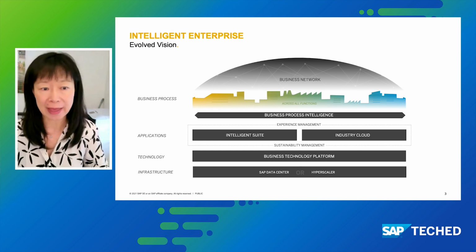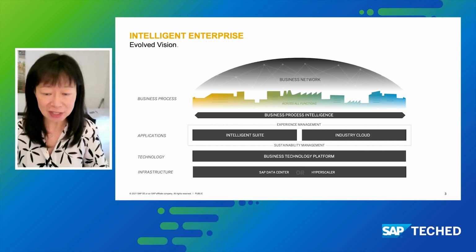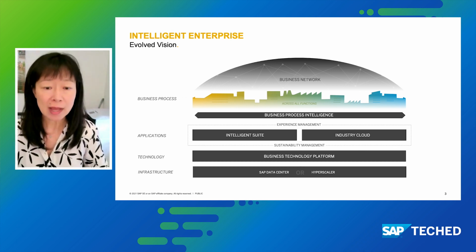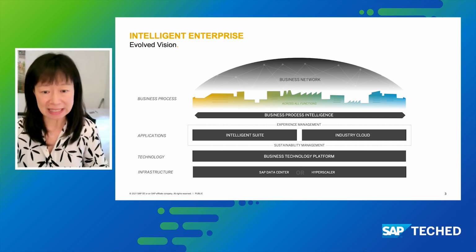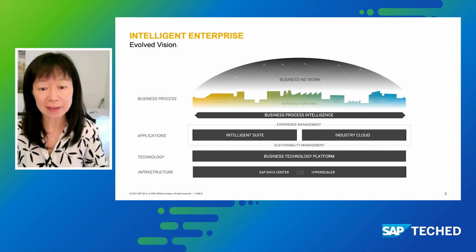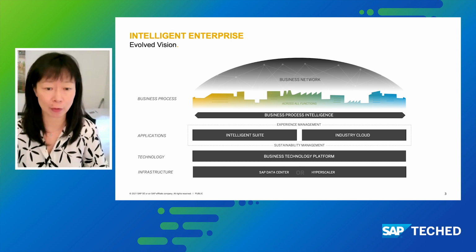And then on the top, we have the business process network. The business technology platform is a foundation for the scalable, sustainable, and also intelligent suite. So Analytics Cloud, Analytic Designer, and the planning capabilities are part of the business technology platform.